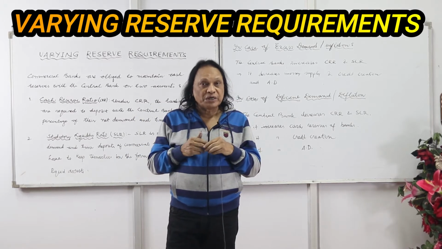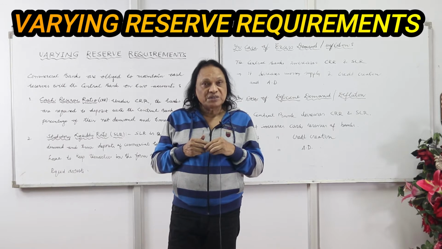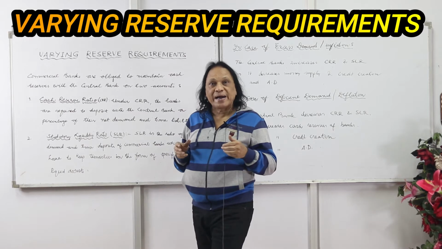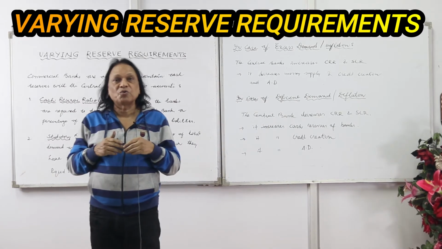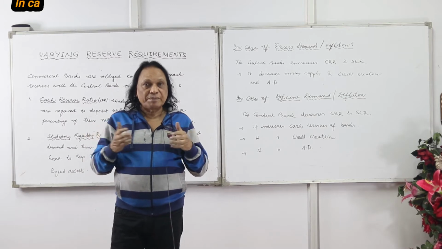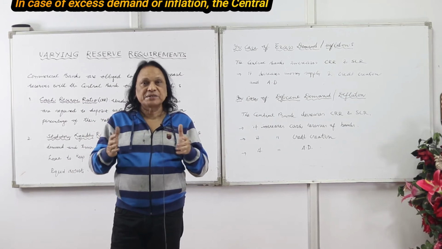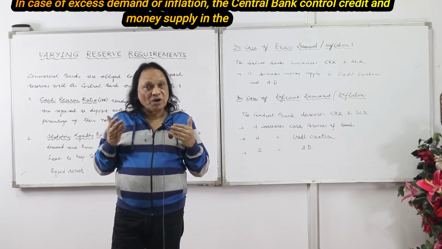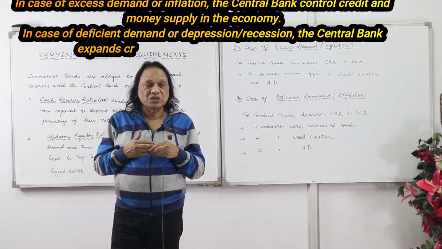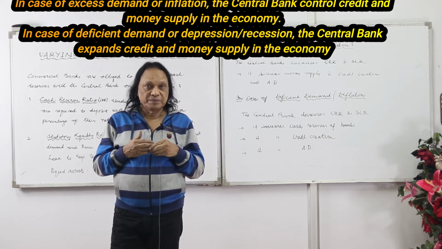What exactly is monetary policy? Monetary policy is the central bank's money supply and credit control policy. Through monetary policy, the central bank tries to control money supply in the economy and also the credit creation in the economy.